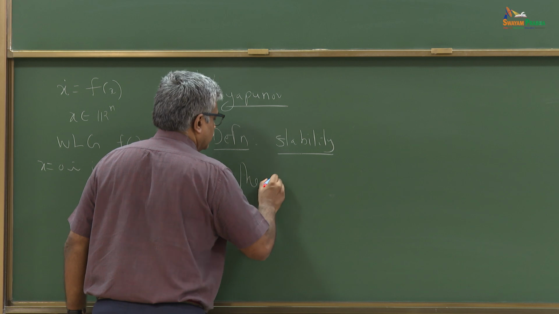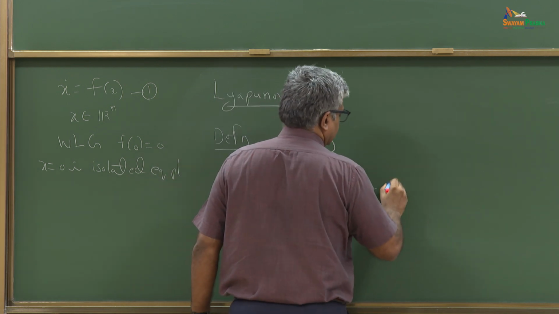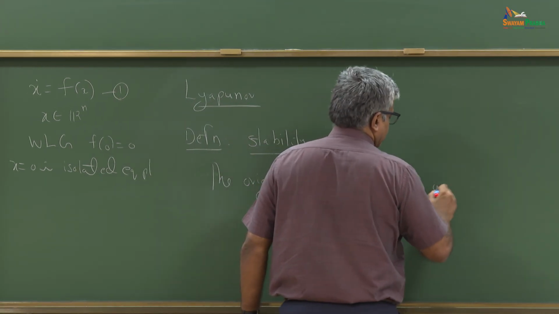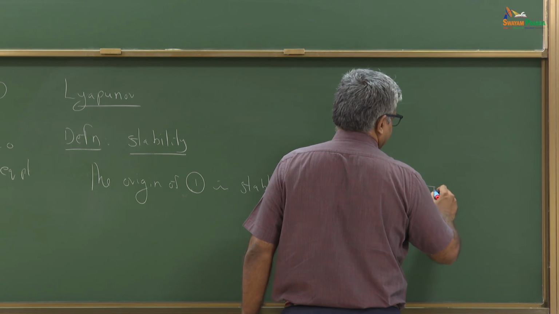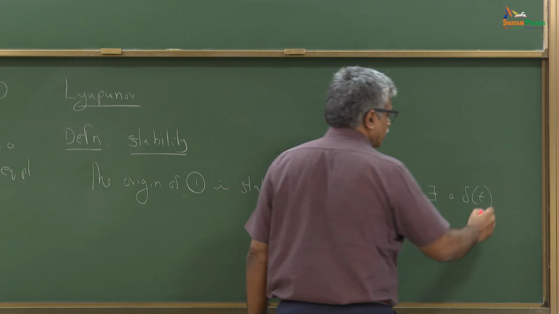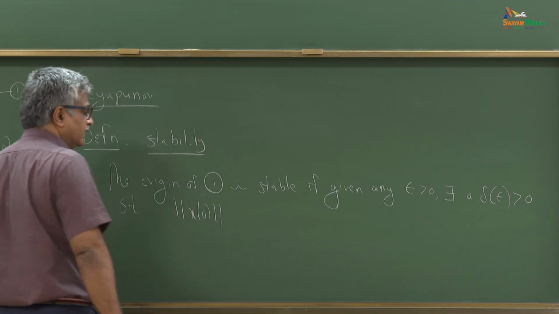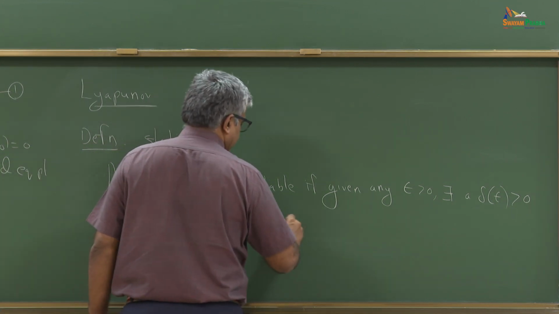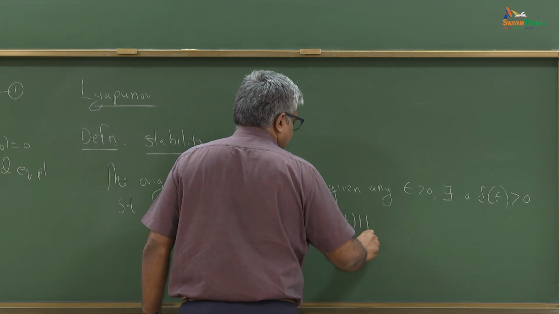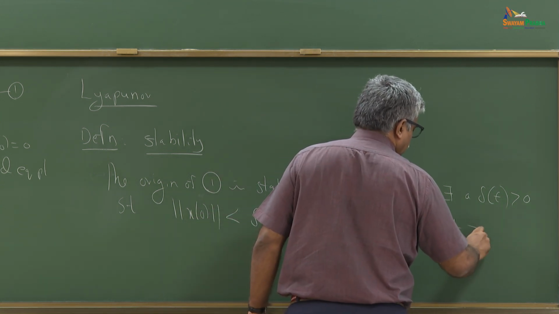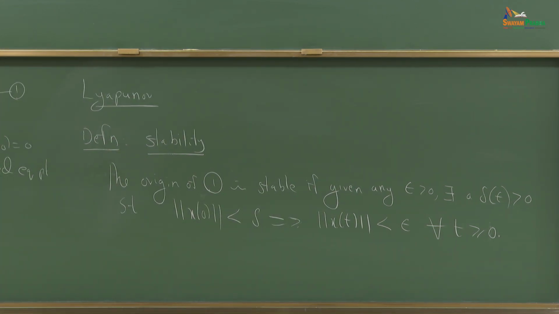So the origin, I'll call this as 1, is stable if, given any epsilon greater than 0, a number, there exists a delta, which could depend on this epsilon and also a positive number, such that whenever the initial condition lies in a ball of delta, it implies the solution lies in a ball of epsilon for all t greater than or equal to 0. Okay, so let me picture this, right?